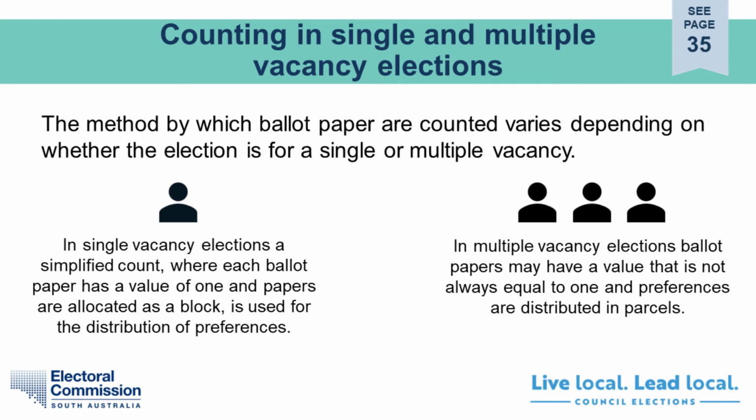In 2022, for single vacancies, following the first preference count, if no candidate has received the number of votes equal or greater than the quota, the candidate with the lowest number of first preference votes will be excluded, and all ballot papers received by a candidate following the first preference count will be grouped together and distributed as one parcel to the next available preference in the count, until a candidate either reaches quota, or if there are only 2 candidates remaining in the count, the candidate with the highest number of votes will be elected.